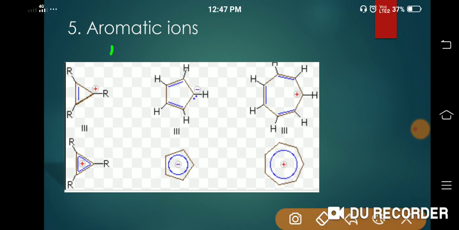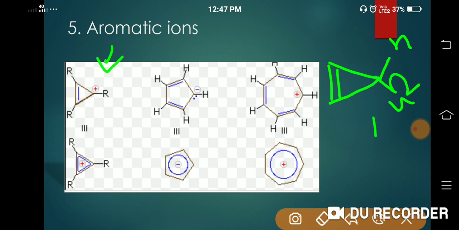In case of the cyclopropenyl cation, the neutral system, that is cyclopropene, has no complete delocalization, and also no planarity, due to the presence of this sp3 hybrid carbon atom. If we remove a hydrogen in the form of hydride ion, that is removal of H minus ion, it leads to generation of a positive charge on this cyclopropene ring, and then the number of pi bonds in this system is only one, which is odd.